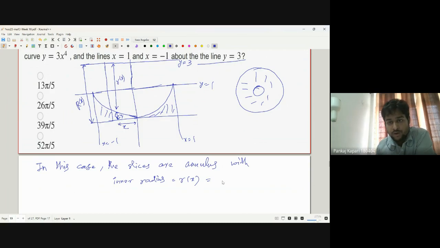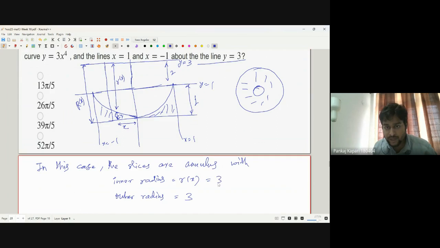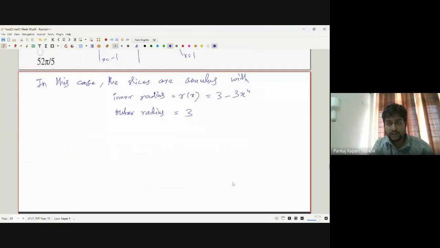So what is this capital R of x? Let's first write capital R of x. The capital R of x is just 3, right? Because this distance is 3. This distance is 2. This distance is 1. So capital R of x is 3, and therefore this small r of x is just 3 minus this y. So what is y? 3 times x to the power 4. That's how we get the inner and outer radius.